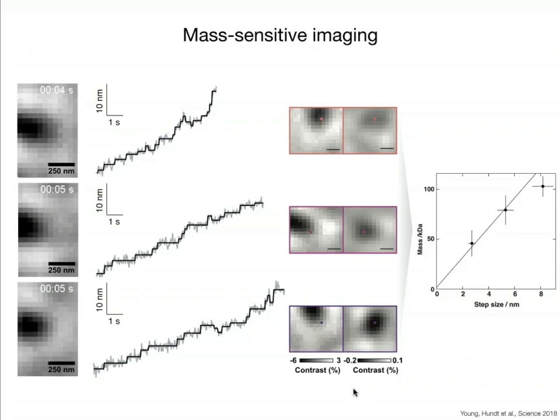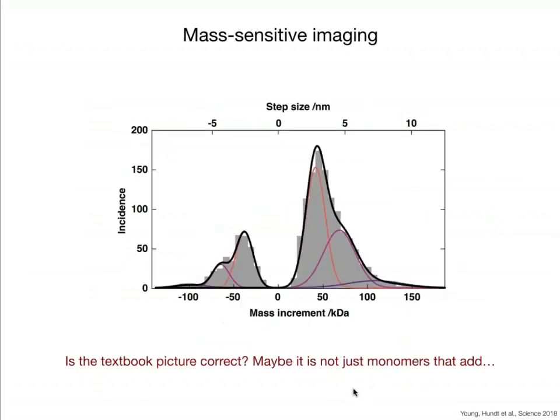You can now do this for a lot of these steps and generate a size distribution of what is attaching to your actin filament tip. And as you notice here, there are not only step sizes that correspond to single additions, but also to double and triple additions, some of which are probably because of our limited time resolution.